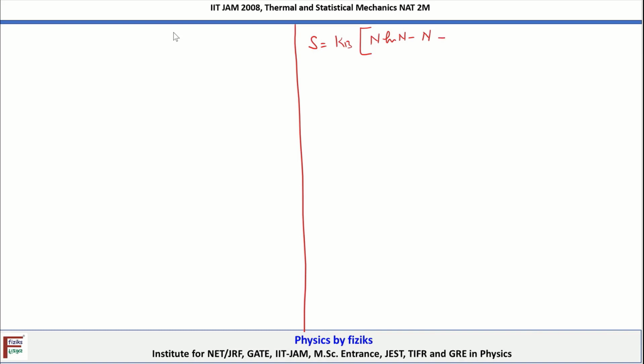Okay, and then divided by n factorial, so a negative sign will come here, n ln n, and minus will become plus basically. So plus n, and then ln of 1 upon n minus n factorial, so that will give us minus n minus n ln n minus n, and then minus will become plus n minus n.